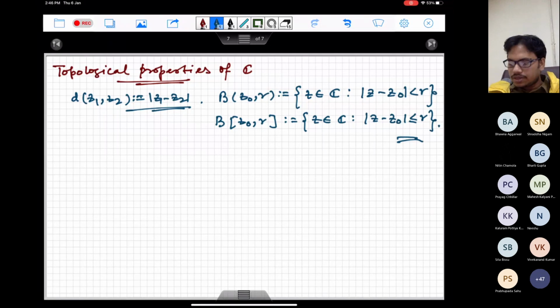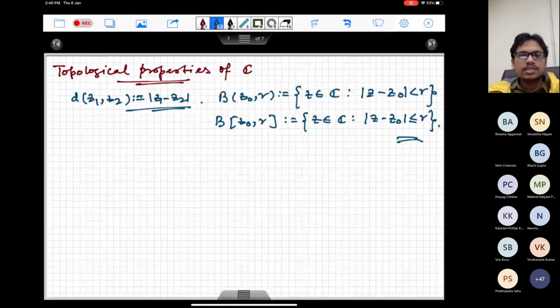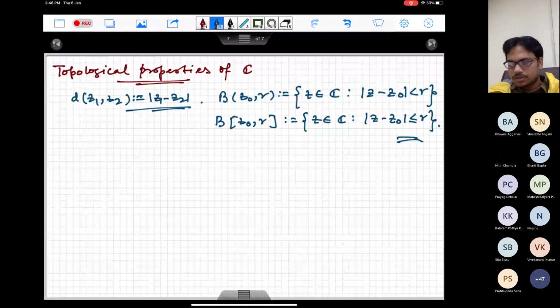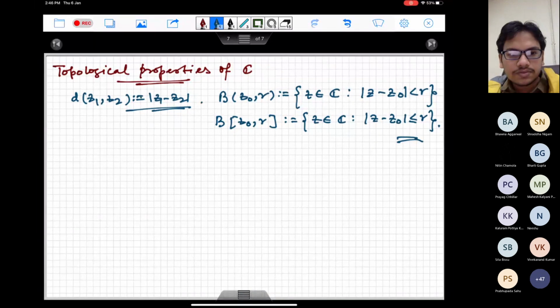What we will eventually see is that convergence of a sequence of complex numbers is equivalent to the convergence of the sequence of real parts of the elements of the sequence, and convergence of the imaginary parts of the elements of the sequence. Let me write it down first so we understand it better.